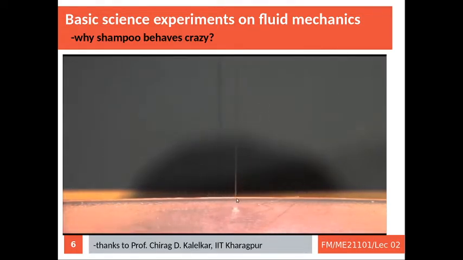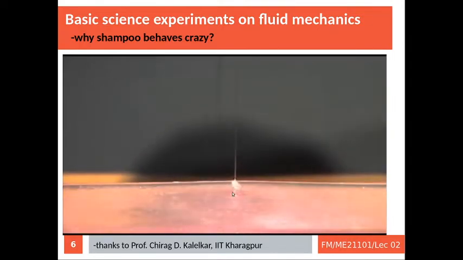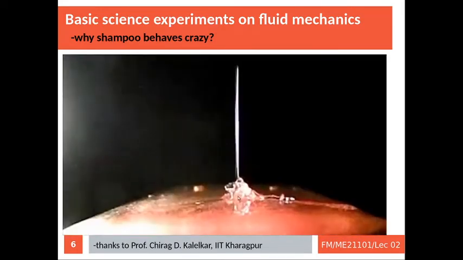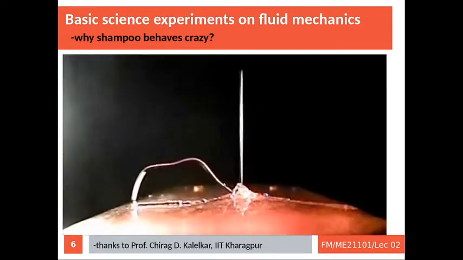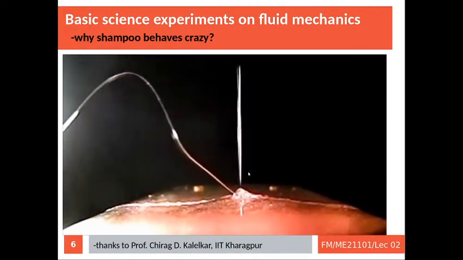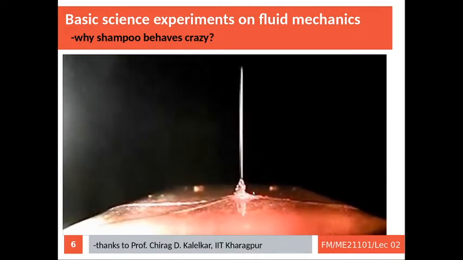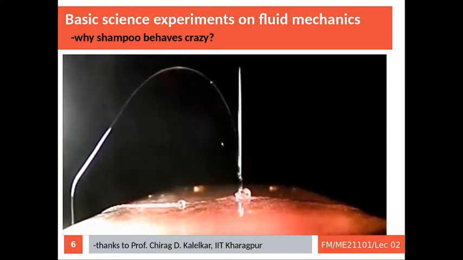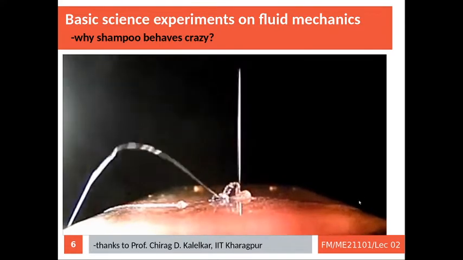So a frequent burst of the shampoo comes out of that. And if you look closely near the zone, it forms a columnar structure. Because shampoo is more like a non-Newtonian fluid, which we will also learn in later classes, it behaves in a crazy way and you will have sudden eruptions.